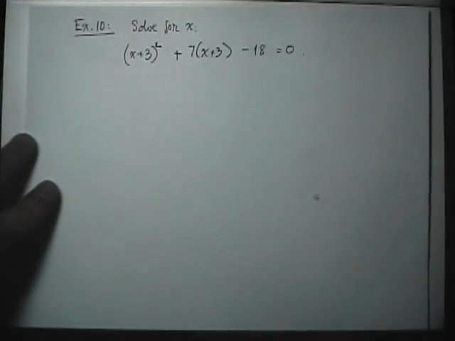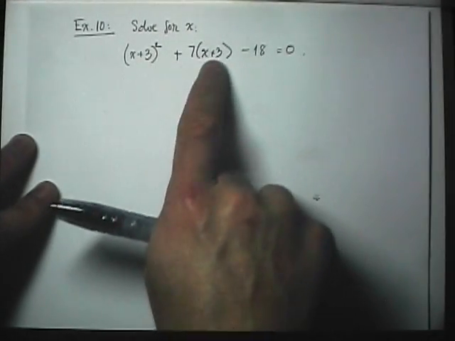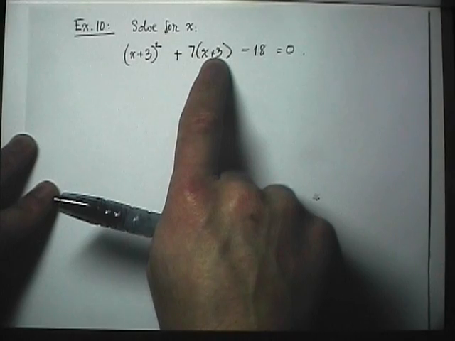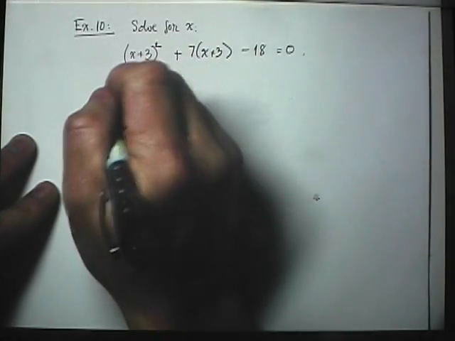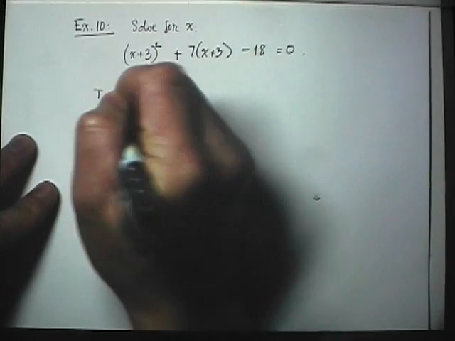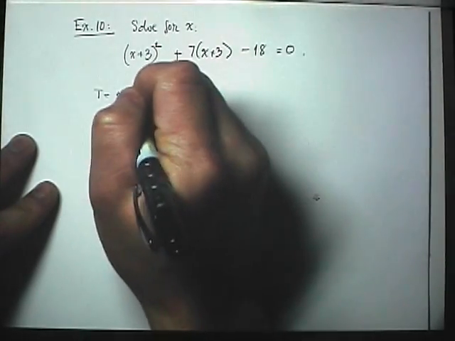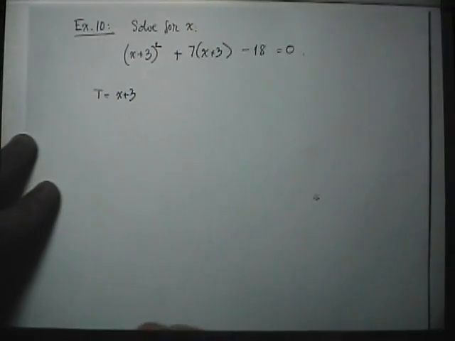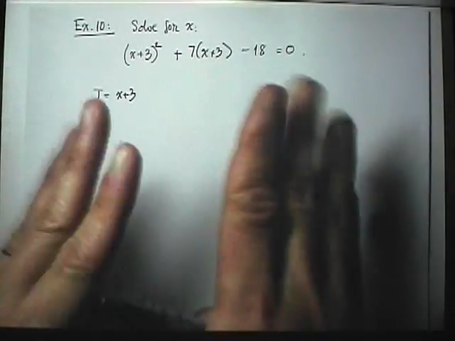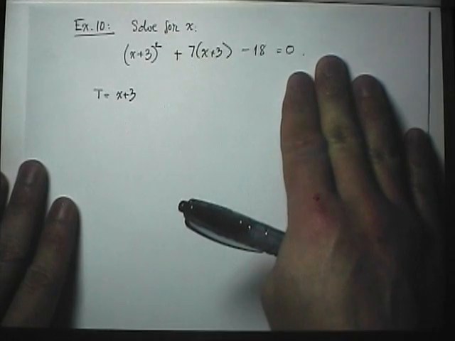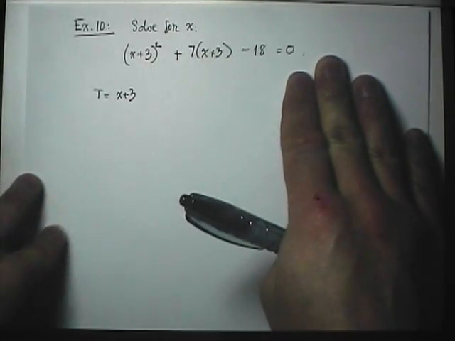So with my equation here, obviously we've got a square, the exact repeats of the quantity, no square, and then there's no power. So I'm so ready for my substitution. I'm going to go straight into t equals x plus 3. In this equation I don't even have to worry about rearranging the terms because it's already leaving a 0 on the right hand side. So we're good to go.